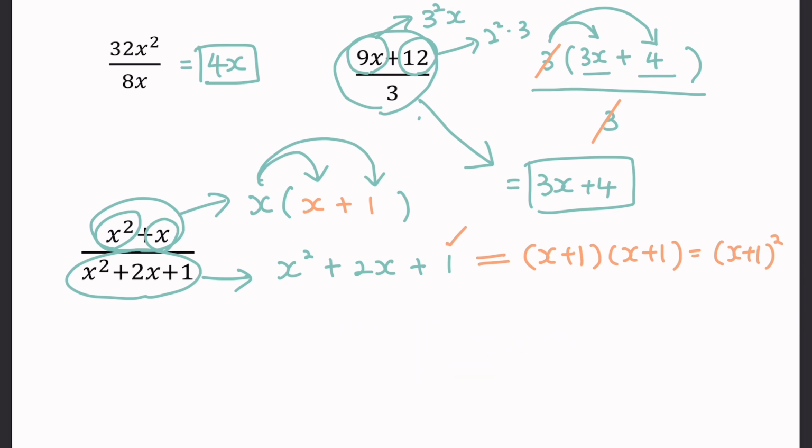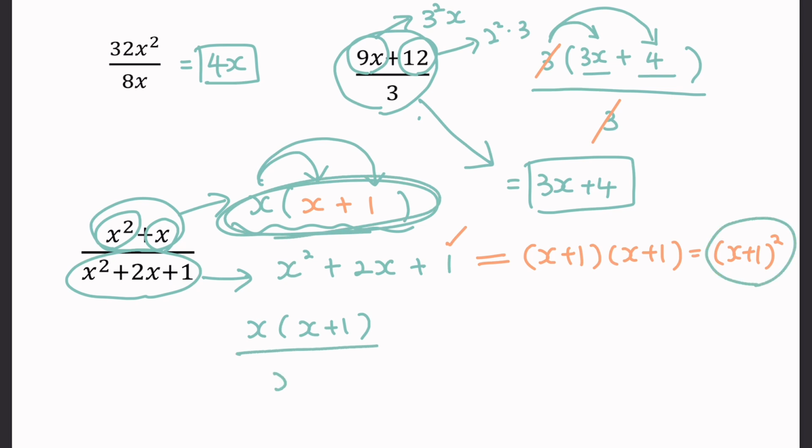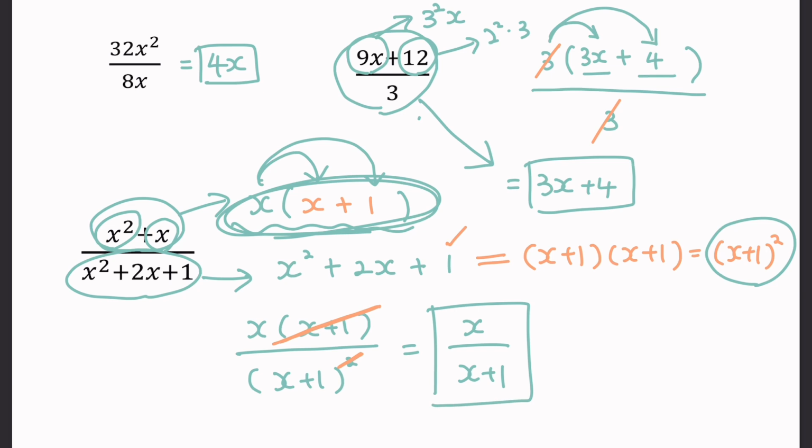For the numerator, I have x times x plus 1, and for the denominator, I have x plus 1 squared. Now, if I divide both numerator and denominator by x plus 1, I can eliminate this part, and also eliminate one x plus 1 from the denominator. So what I end up with is x over x plus 1, and that'll be our final answer for this original question right here. So x over x plus 1.